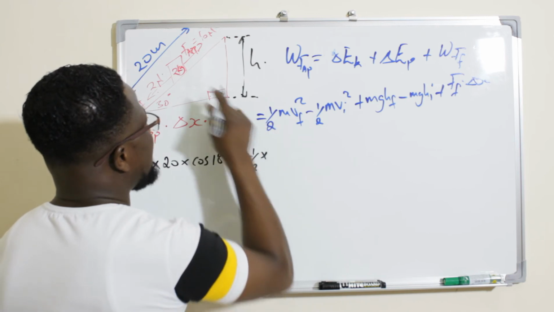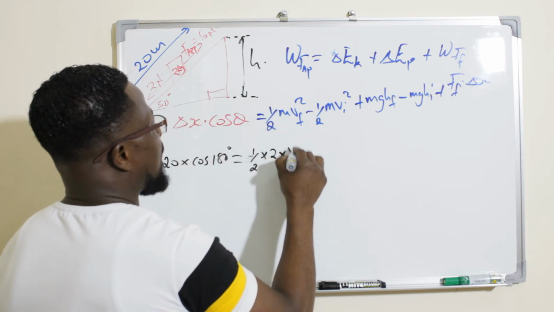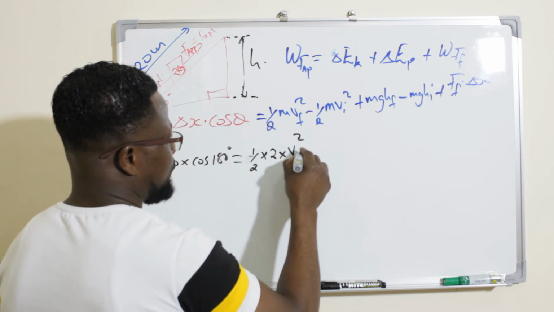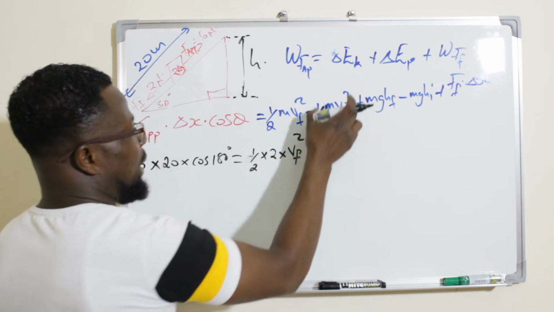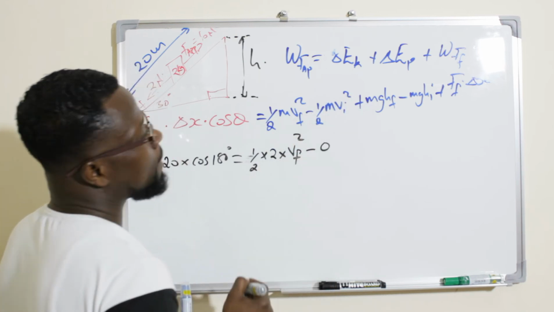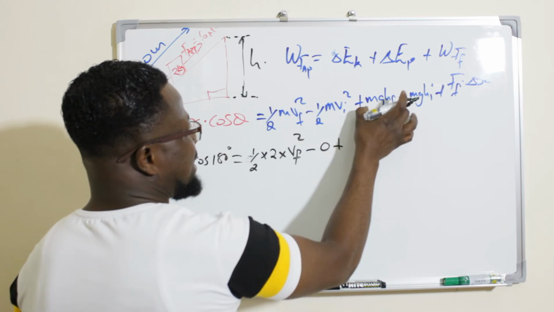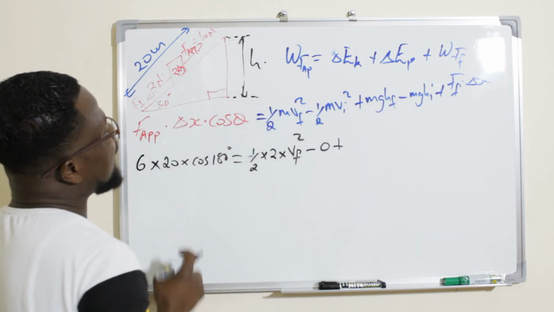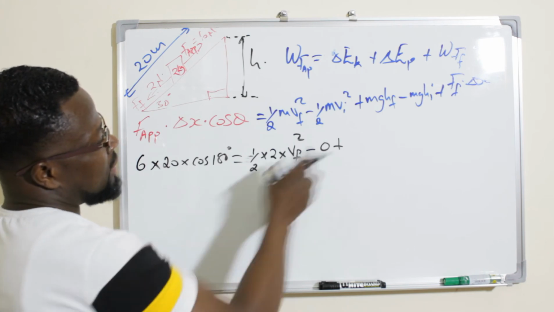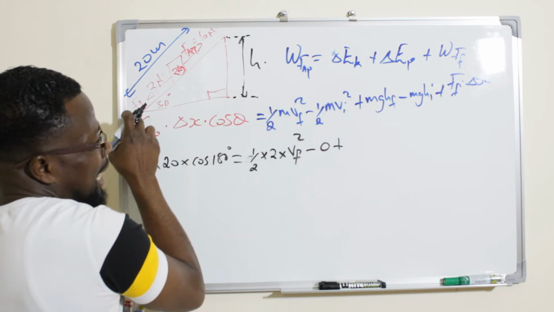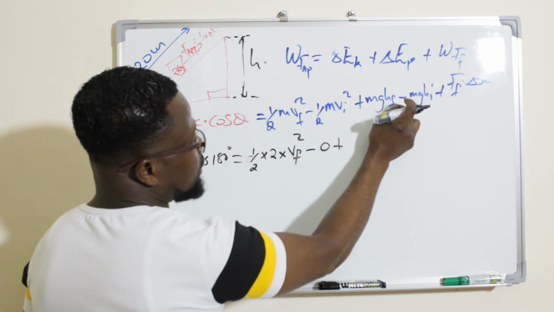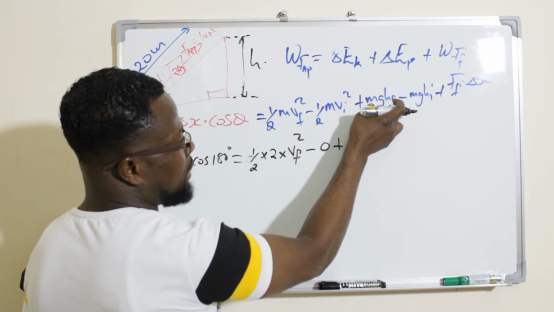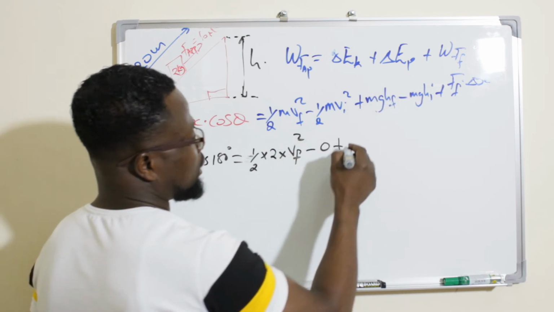So multiply by 2 multiplied by vf squared. This is 0, so minus 0, plus the initial, for this particular one, it was at a certain height. Okay, the final one is here, so the final is going to be 0. So 0 for the height multiplied by g multiplied by the mass must be 0 as well.